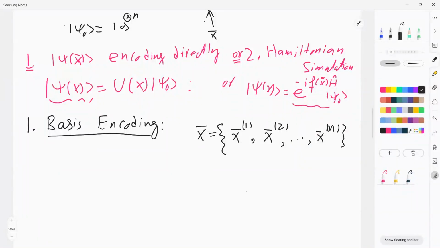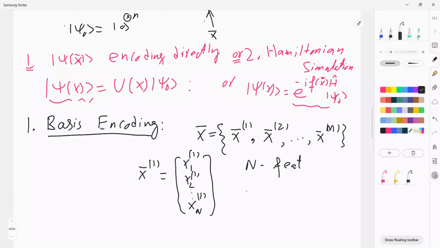Each of these vectors x is actually a column vector itself. So I can write it like this: x1, x2, and so on all the way to xn. So there are n features and m examples in the data set.